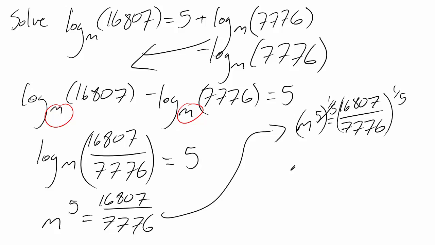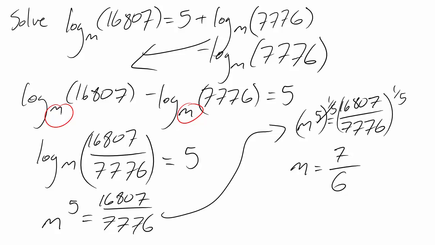That will just leave us with m. And now while 16,807 divided by 7,776 does not come out nice and neat, those are actually both fifth powers of something. As it happens, the fifth root of 16,807 is 7, divided by the fifth root of 7,776, which is 6.